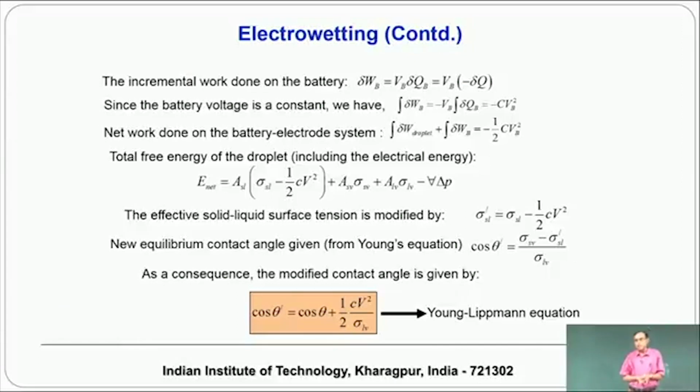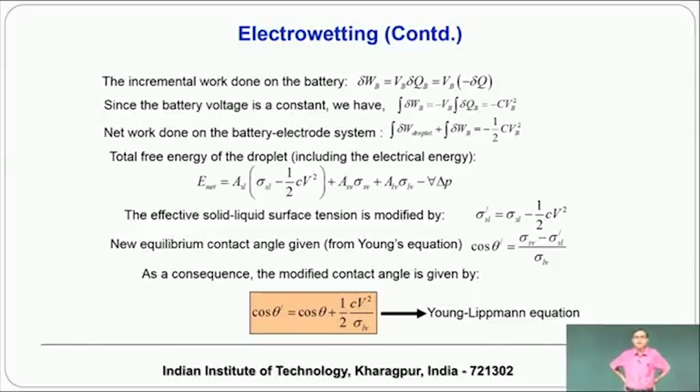See, the difference between the battery and the capacitor is that for the battery the potential is constant, for the capacitor the potential is building up from 0 to the maximum. So for the battery the work done is VB into minus delta Q with integral total charge, that is minus CVB square.